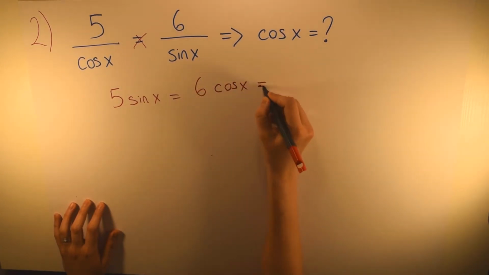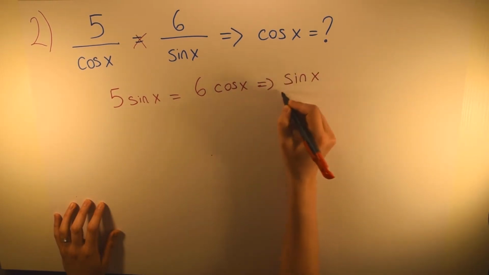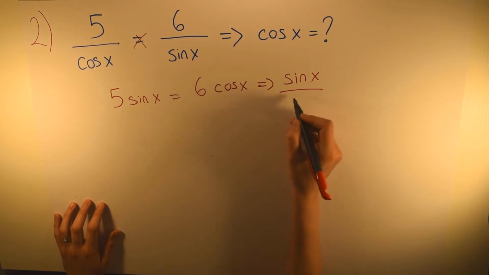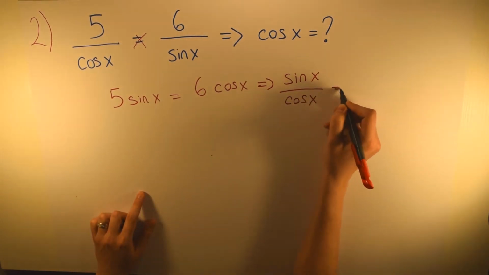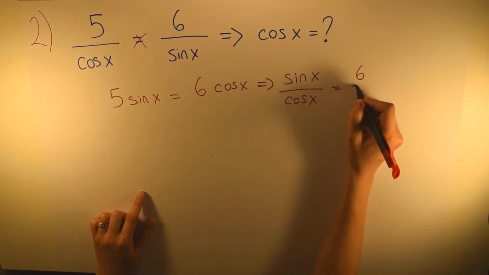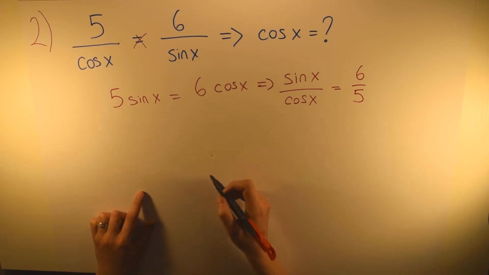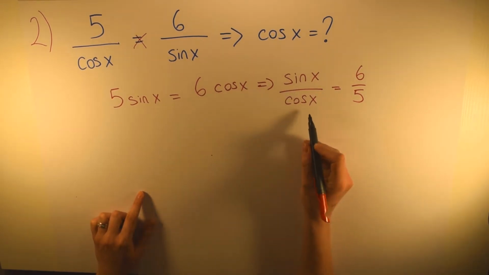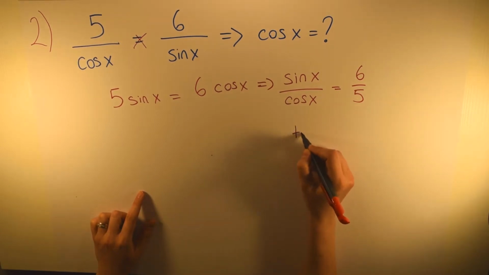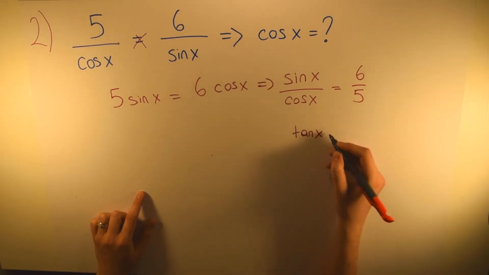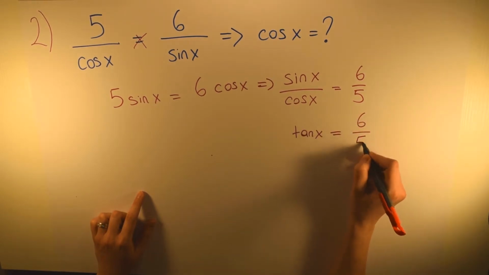From here, when I put this on the other side, sine x over cosine x is equal to 6 over 5. Sine x over cosine x is equal to tangent x, so our tangent x is equal to 6 over 5.